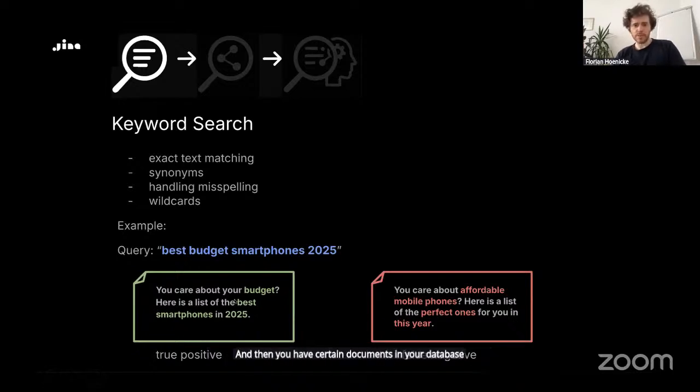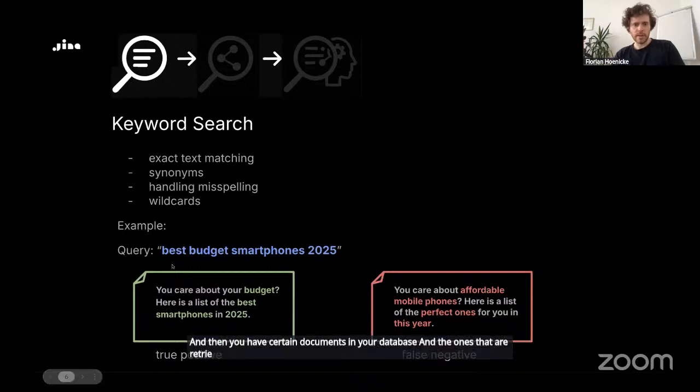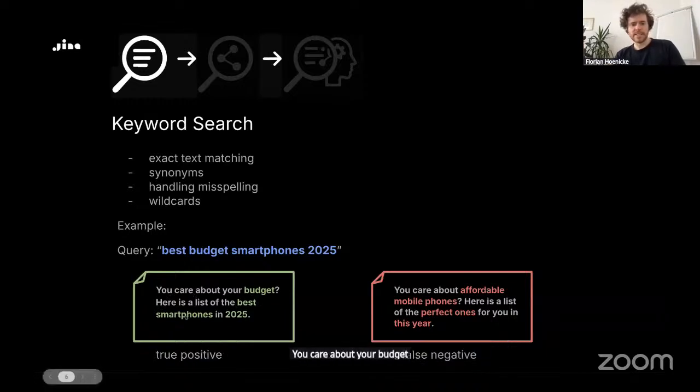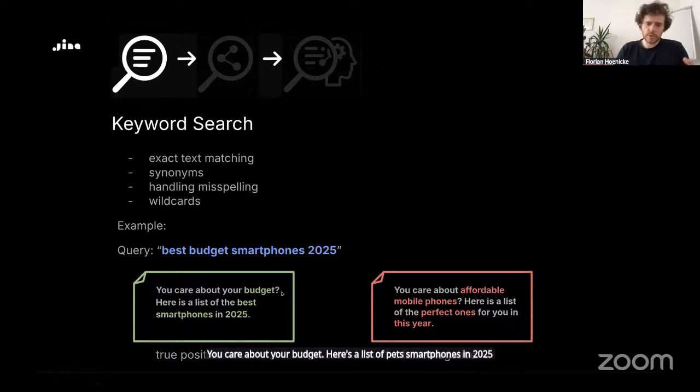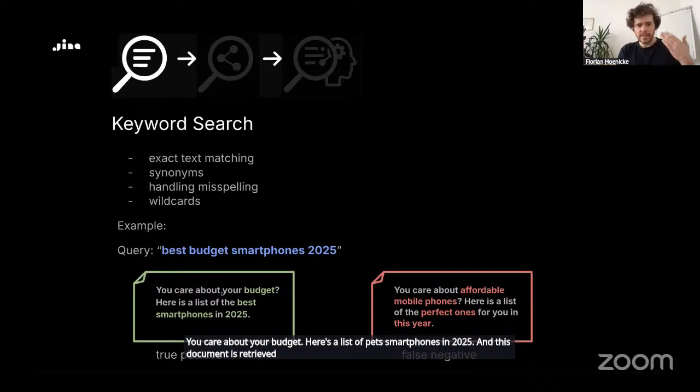The ones that are retrieved are the ones where one of these words, or as many as possible, match this document. For instance, this document in your database says, you care about your budget, here's a list of best smartphones in 2025. This document is retrieved by the search engine because the exact words are matching.